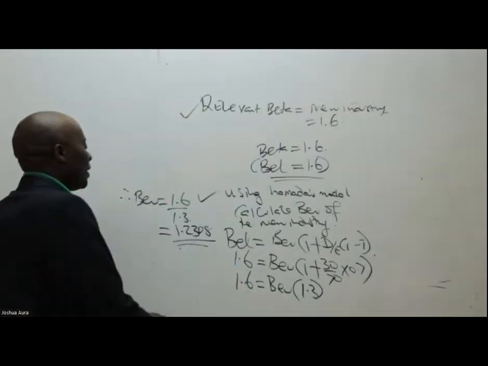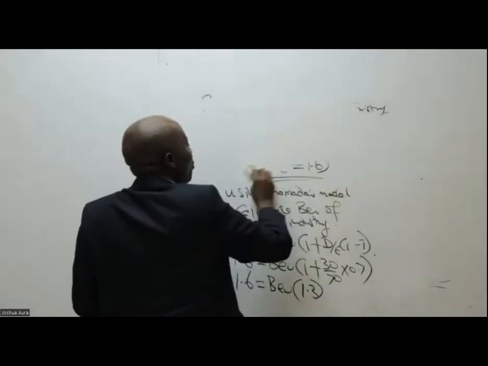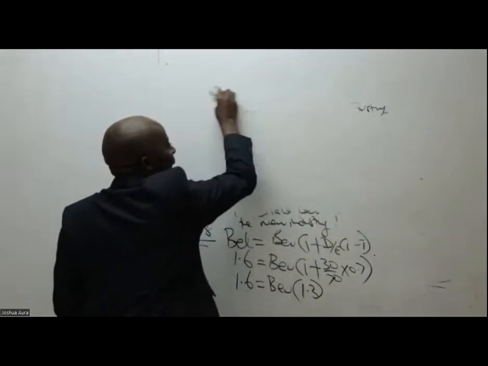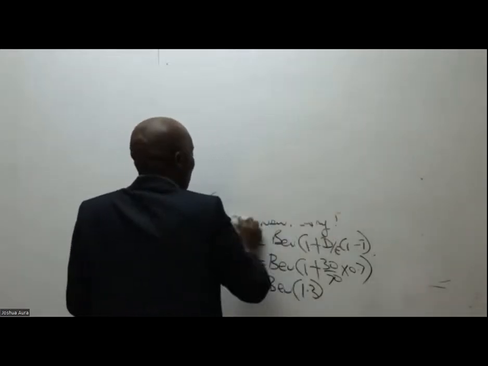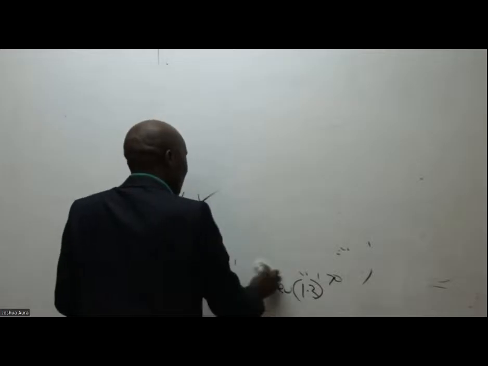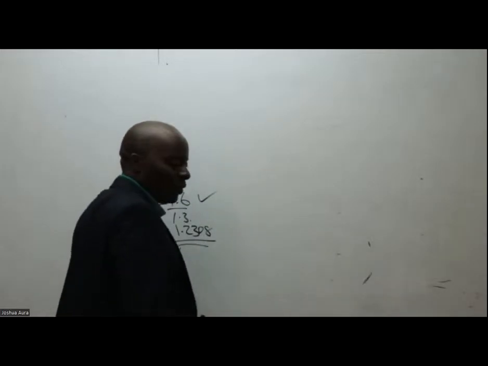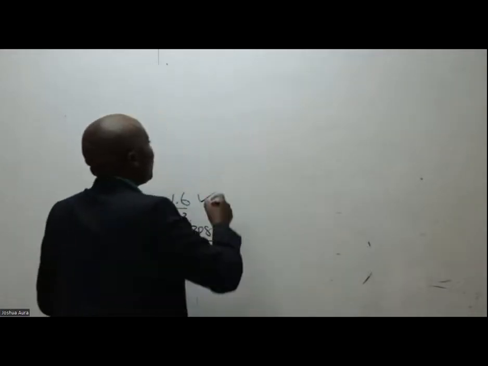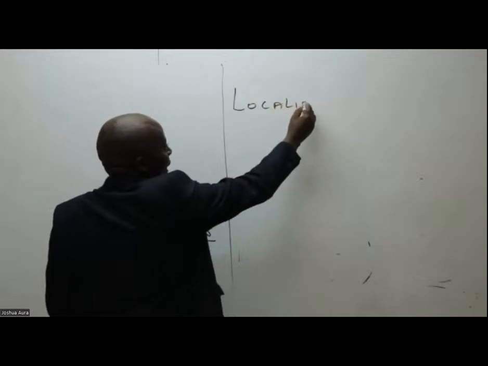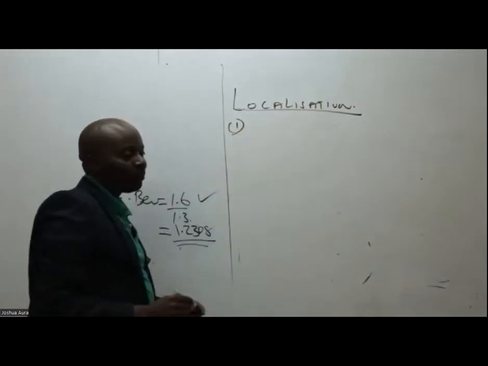So after getting this BEU, now I can apply this BEU of the relevant new industry to the various scenarios given. Now this becomes very easy for me. What I'm doing here is localization, and we start with number 1.